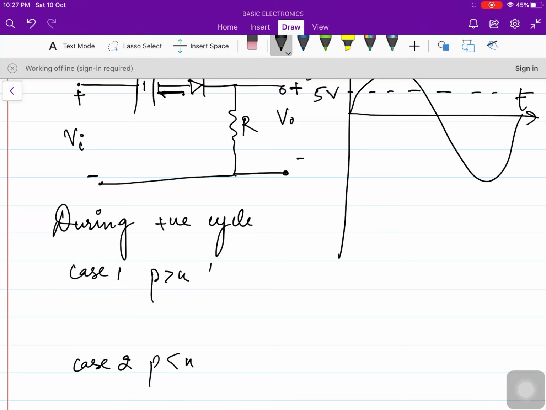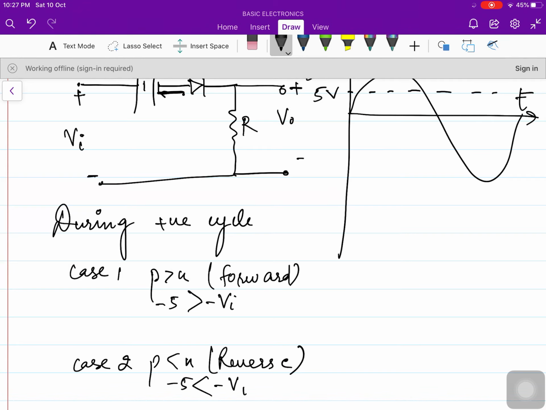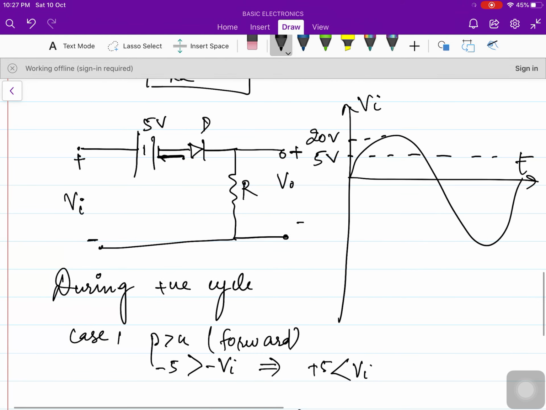P greater than N, P less than N, forward, and the other one is reversed. Now put the values of P and N. Minus 5 greater than minus Vi, minus 5 less than minus Vi, and thus it will be plus 5 less than Vi, and it will be plus 5 greater than Vi.